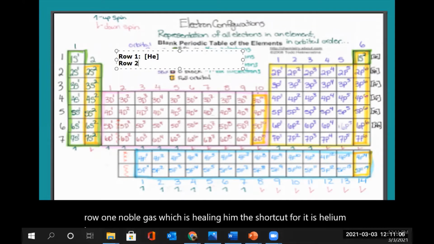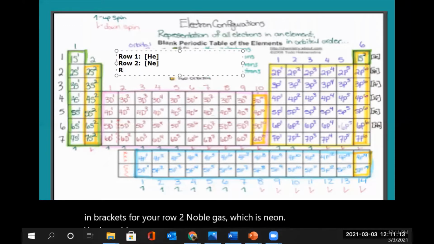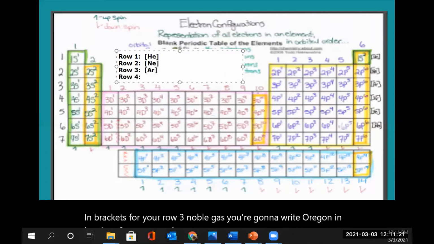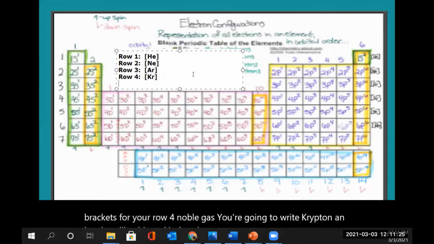For row 2, neon, you write neon in brackets. For row 3, you write argon in brackets. For row 4, you write krypton in brackets. And it does have to be the chemical symbol, not the full name.